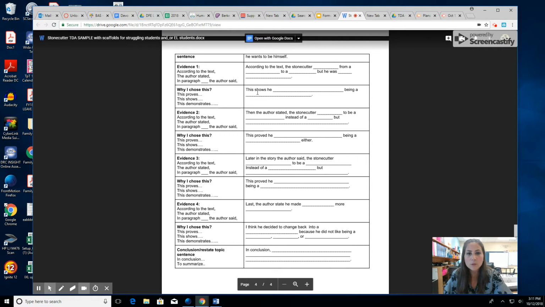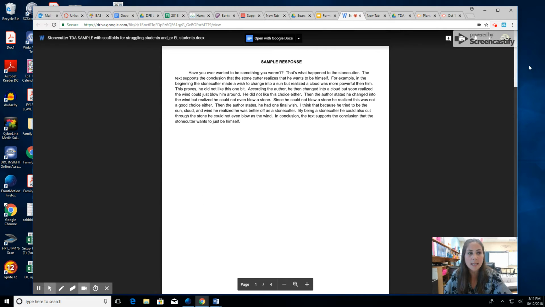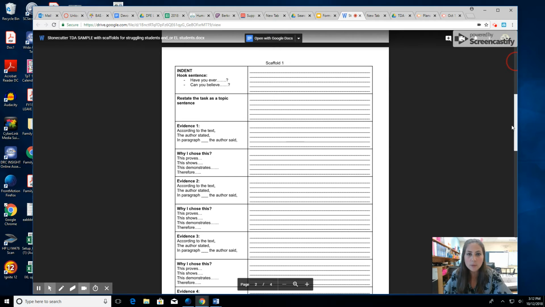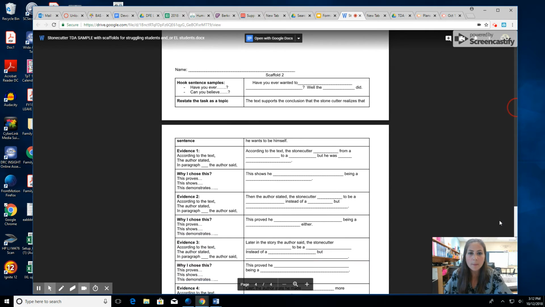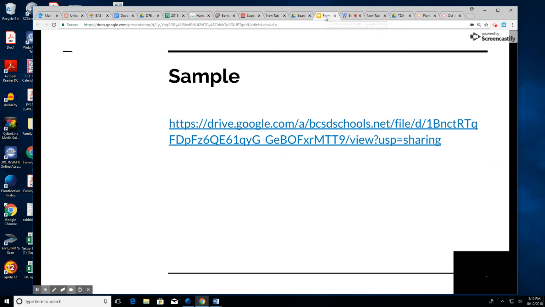And this could be used for our level 1 and 2 and some of our 3 students as well. As you see, the end result is that all students are going to be responding to the TDA, but the way that they do it varies. Some of them might have this as a scaffold, some of them might have that as a scaffold, but they're all producing a piece of writing.